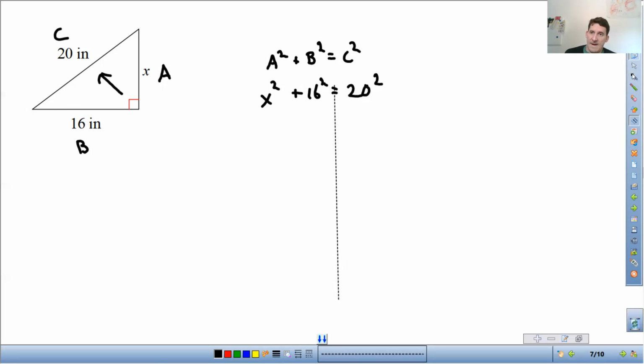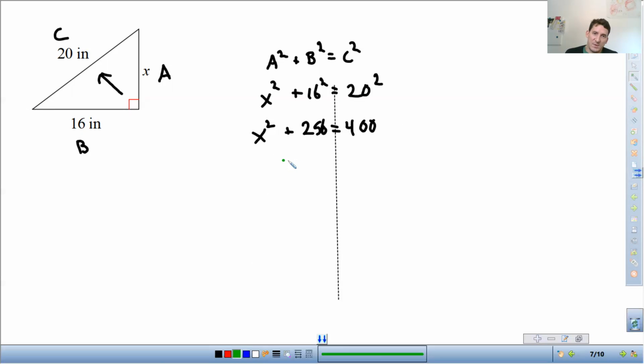All right, so we get x squared plus 16 squared, which is 256. And then 20 squared is 400.